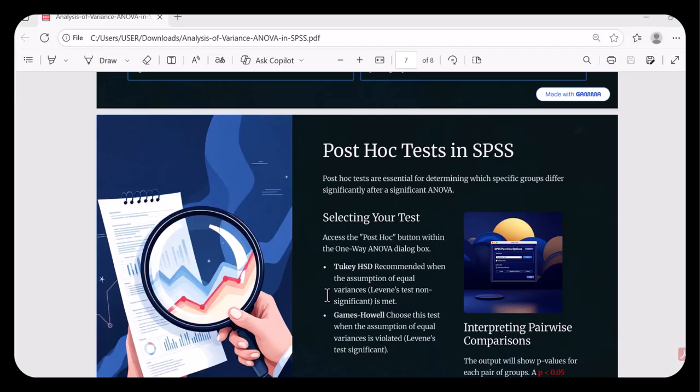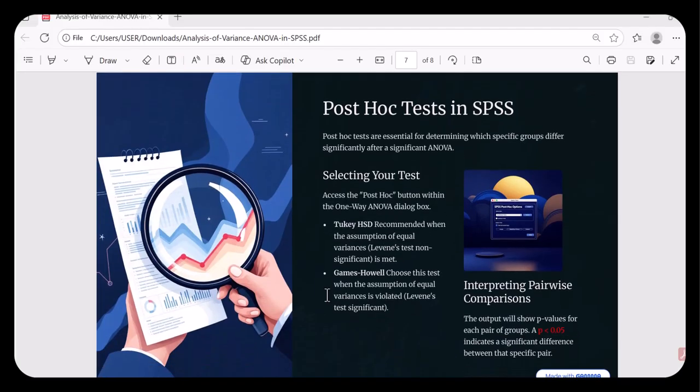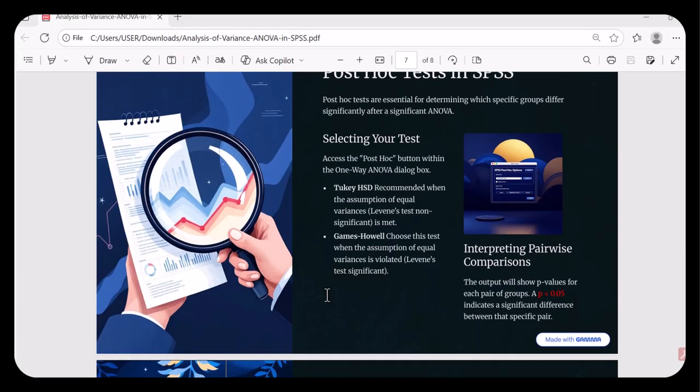There are several post hoc tests that we could use. We have the Tukey HSD, which has its own assumption. We have Scheffe. We have a lot of them. Choose the test when the assumption of equal variance is violated.